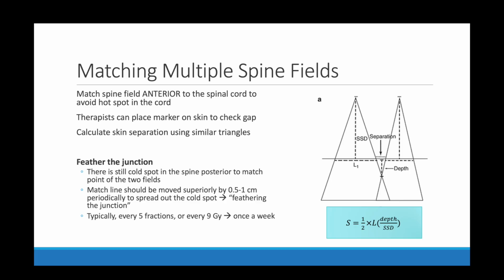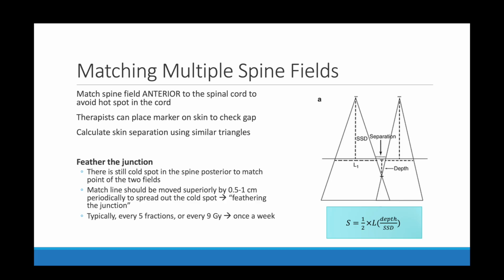And then going back to that concept of feathering the junction, as we explained earlier, we're going to have a hot spot in the vertebral body and then a cold spot in the spine that's just posterior to that match point of the two fields. So we typically try to move the match line every 5 treatments or so, typically once a week, and we move it by about 0.5 centimeter to 1 centimeter max to spread out where that cold spot happens, also where that hot spot happens, and get a more homogeneous distribution.